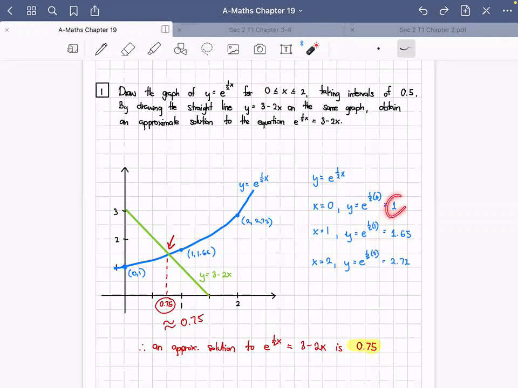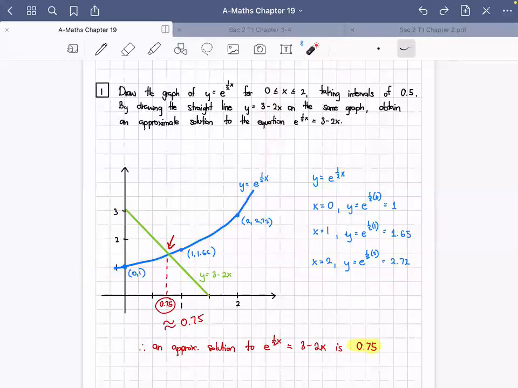So we got 1, 1.65, and 2.72. Plotting those, we have 0, 1 here, 1 and 1.65 over here, and then 2 and 2.72 over here. And then by drawing a curve, this is part of your curve.